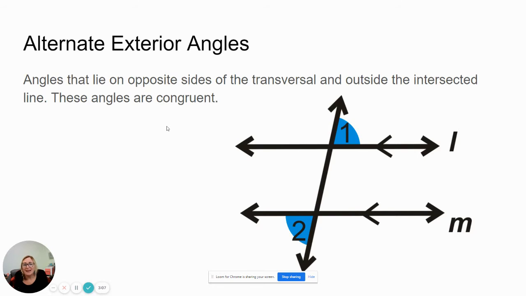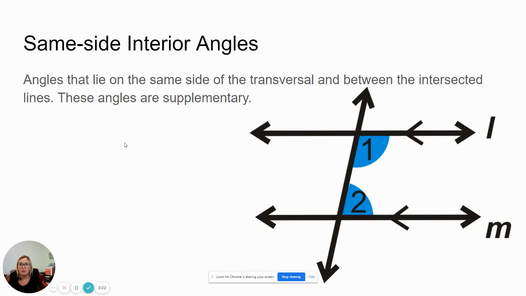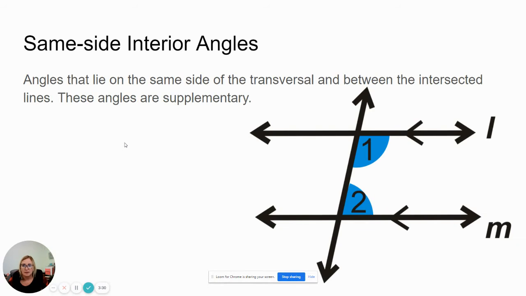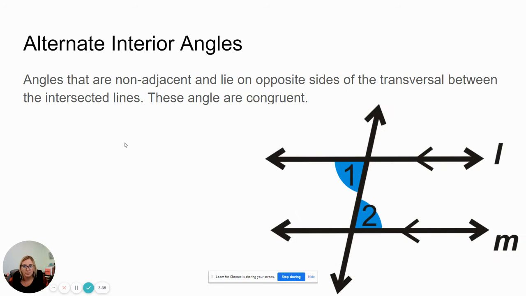Okay, and then alternate exterior angles. So exterior being on the outside of the parallel lines and on opposite sides of the transversal. Okay, those again are congruent. So just to recap, corresponding, same side of the transversal, same part of the parallel lines, same side interior, same side of the transversal and in between the parallel lines.